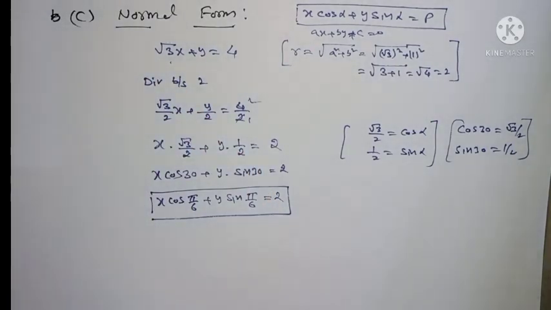X cos pi by 6 plus y sin pi by 6 is equal to 2 only. Clear? These are the 3 methods. Very important question. First is the slope intercept form, second is the intercept form, and third is the normal form. You can do all the remaining problems.